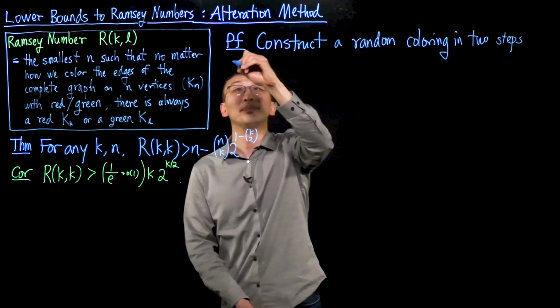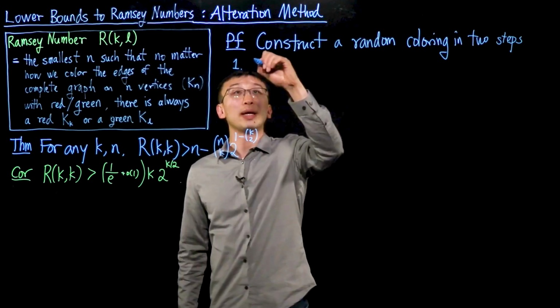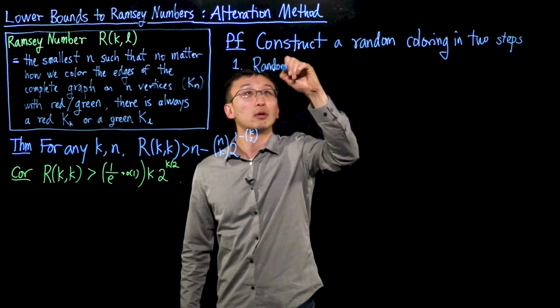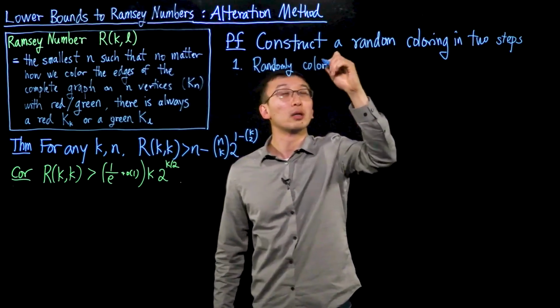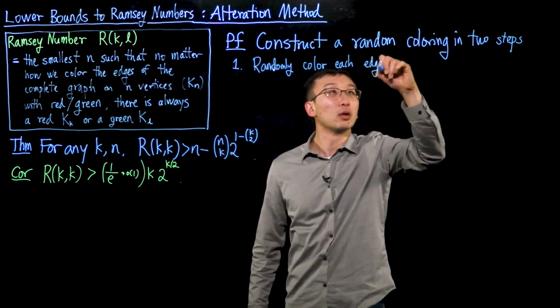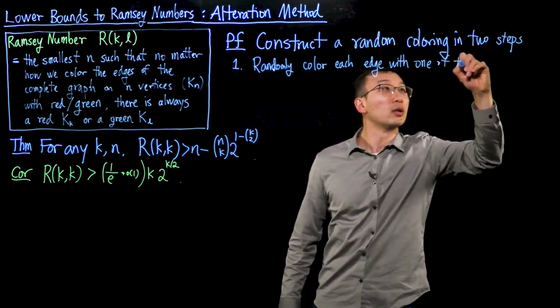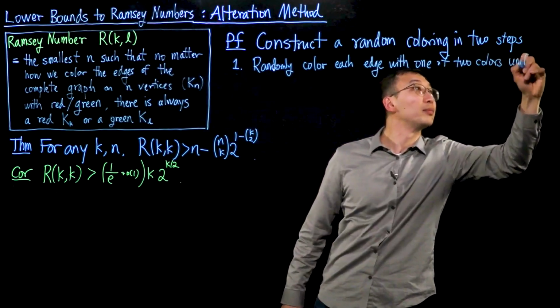In the first step, we'll do what we did previously, just randomly color each edge with one of 2 colors uniformly at random.